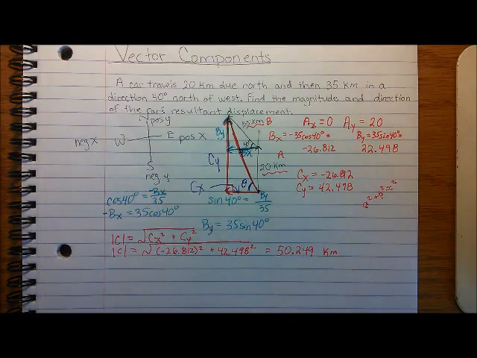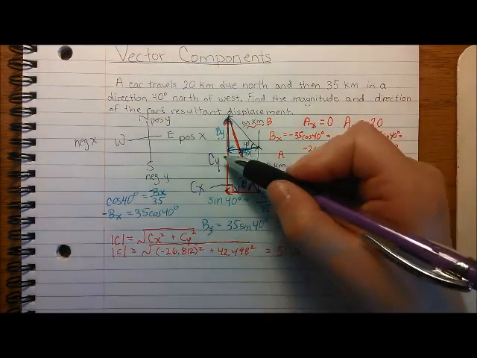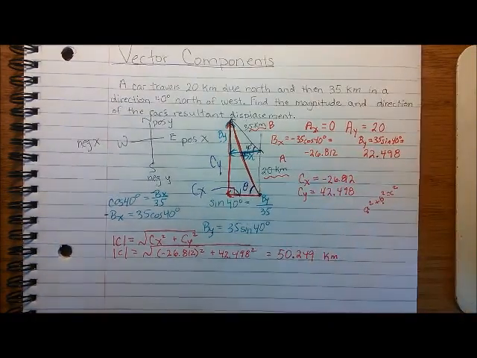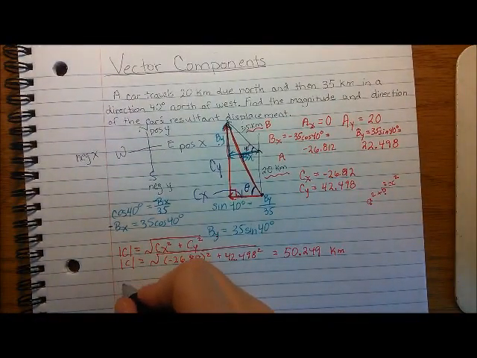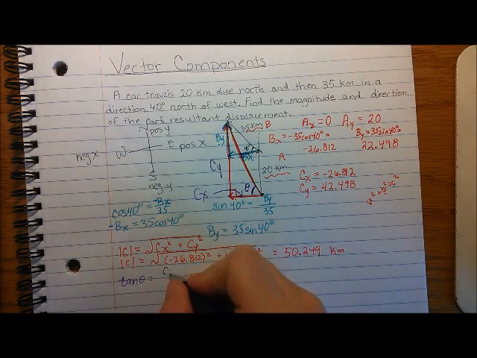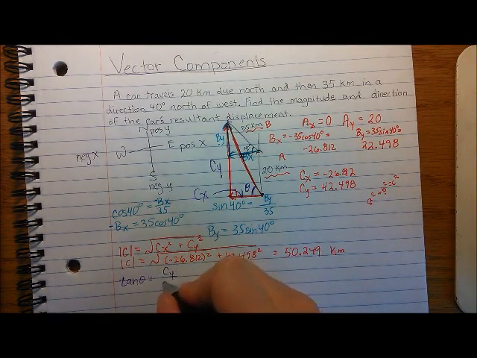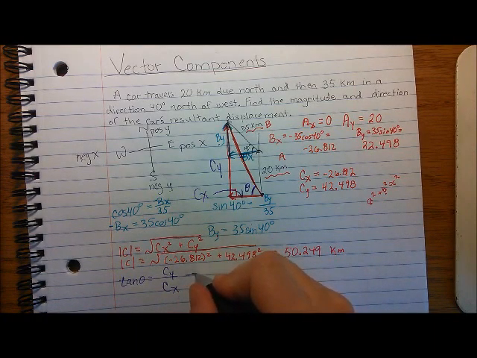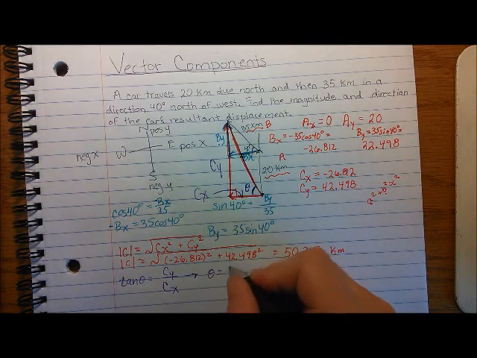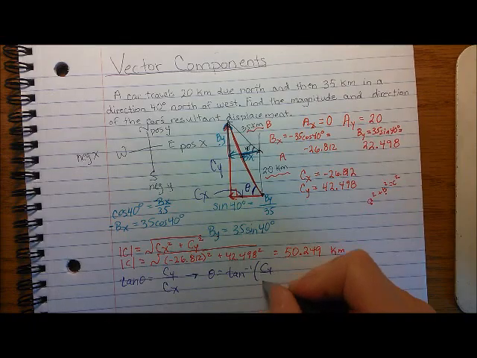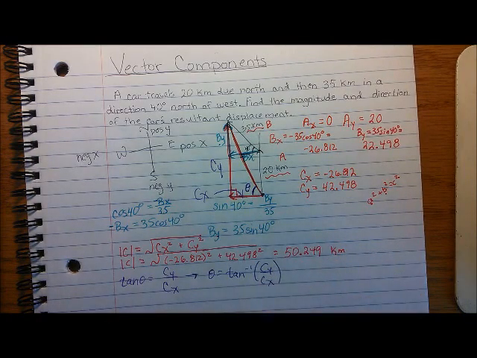You should be able to see that we can just use the tangent function, opposite over adjacent. So, you should get that the tangent of the angle is equal to cy over cx. So the angle is going to end up being equal to the inverse tangent of cy over cx.